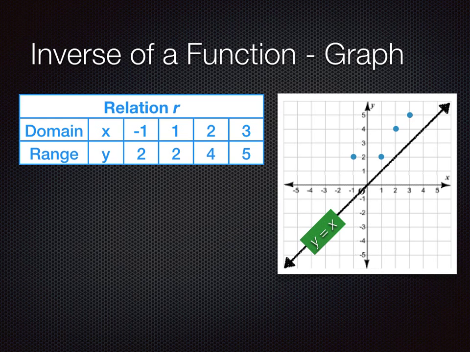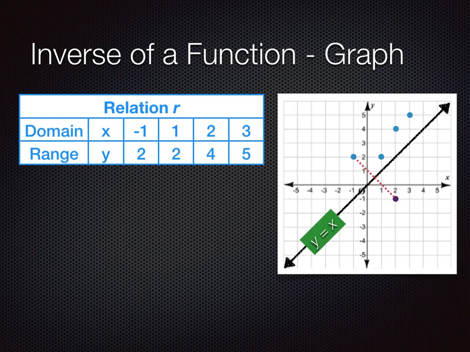And what we're going to do is we're going to consider each point in the relation, and we'll draw a perpendicular toward the line y equals x, and then find the mirror image on the other side. And this is the inverse of the first point right here.